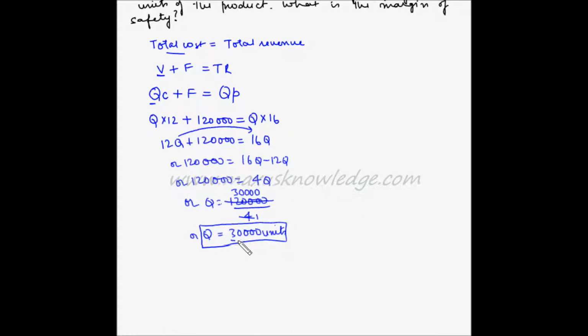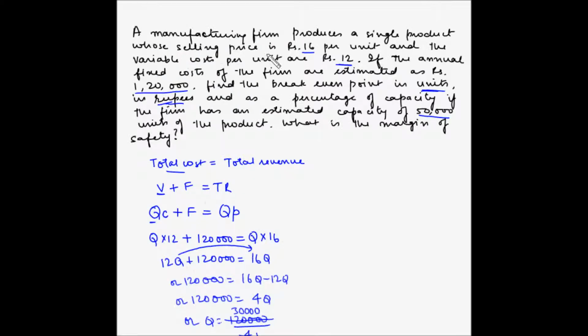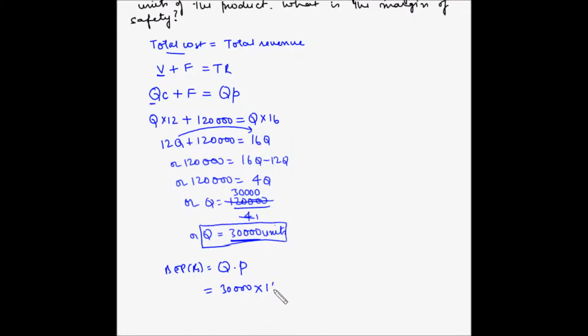So we have the number of units that we need to produce, and to convert this into sales, we have to multiply this by the unit selling price. So the break-even point in rupees will be equal to Q multiplied by p, or 30,000 multiplied by 16, which is equal to 4,80,000 rupees.